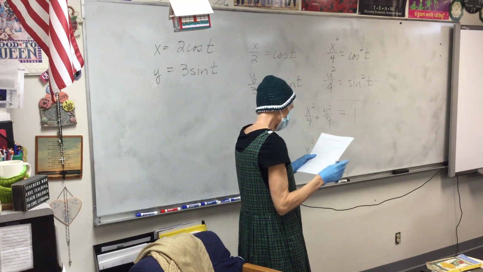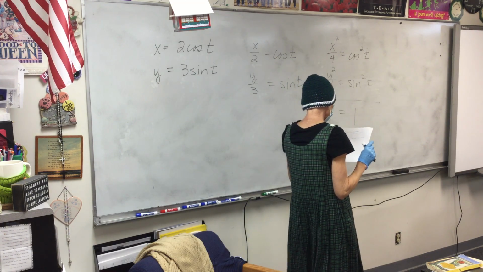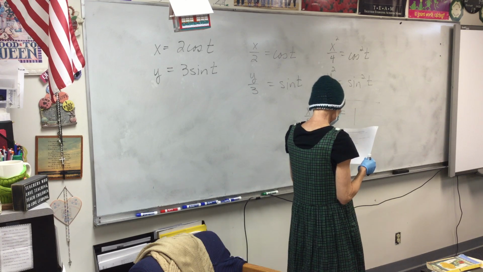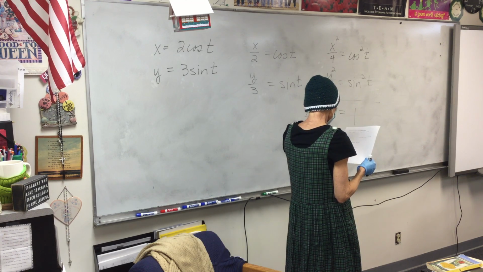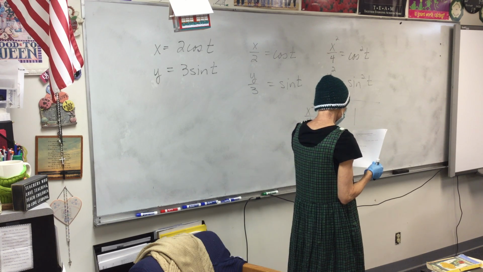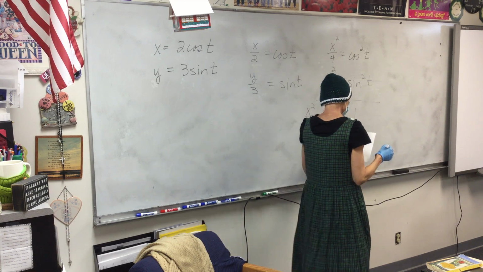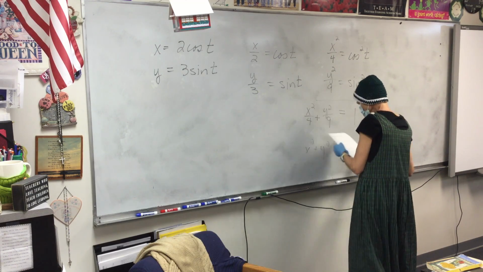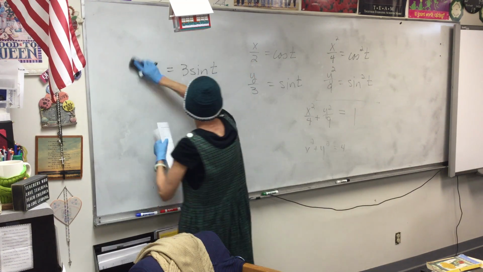I don't want to get too bogged down in all of this, but let's look at maybe how about number 9? It's a little bit different kind of equation. There's no cosines and sines in it.